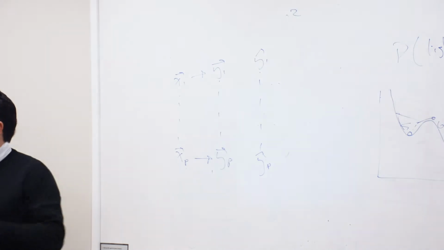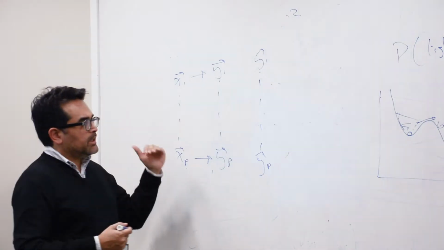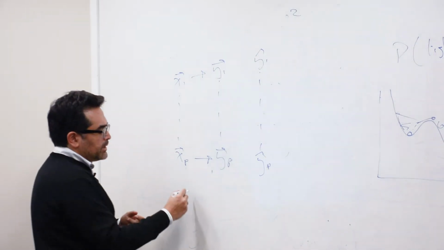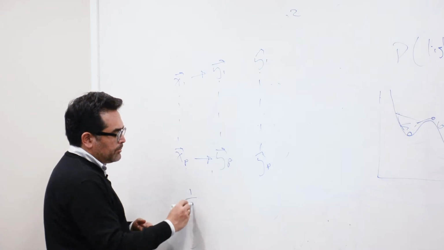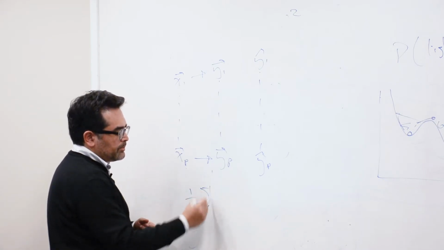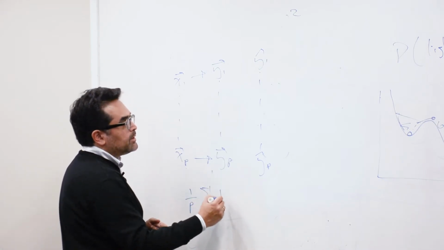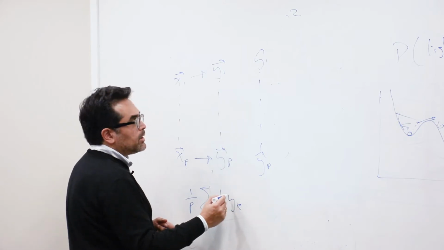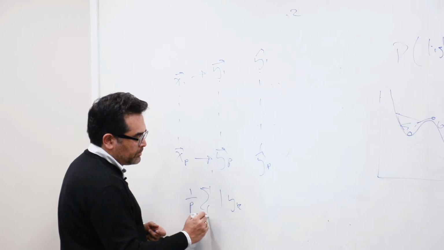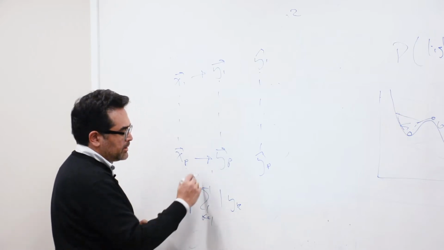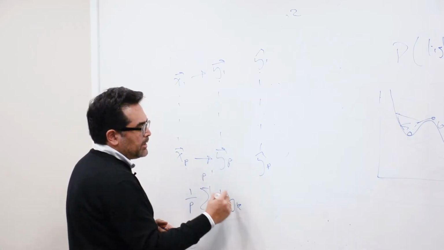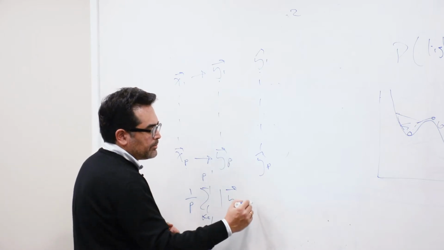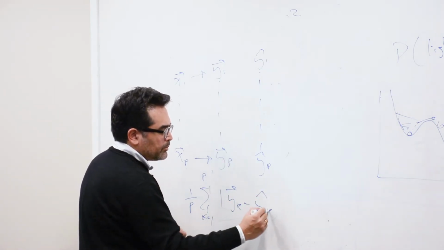So what you want to do now is that given that sample, what is the mean absolute error? Well, that's basically 1 over p times the sum of the differences between yk, where k is between 1 and p. So yk minus y hat k, right?